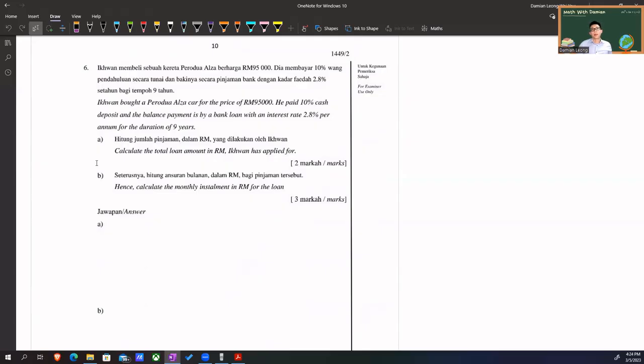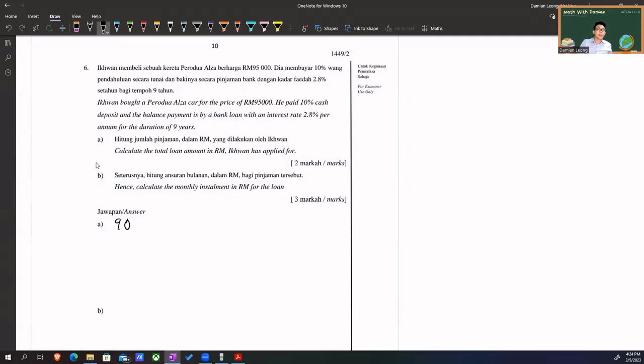So for a car loan, it's definitely simple interest. Okay. So the total loan amount that he applied for means the principal. So the principal is not 95,000 because he paid 10% deposit. Only the remaining is borrowed on the loan.